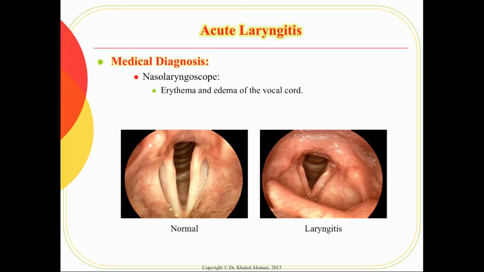Depending on the etiology, we will consider the management. If the patient has a chronic laryngitis, or if it's severe enough that it's affecting the airway, and it's beyond just an infectious laryngitis, then a nasolaryngoscopy could help to identify the problem, and in some cases it's a tumor.